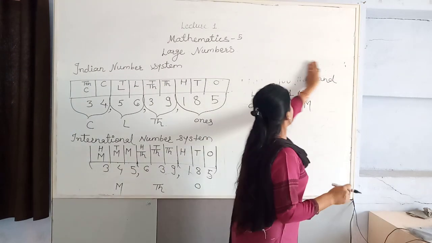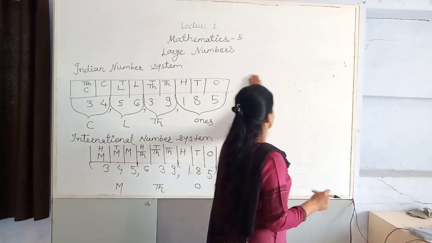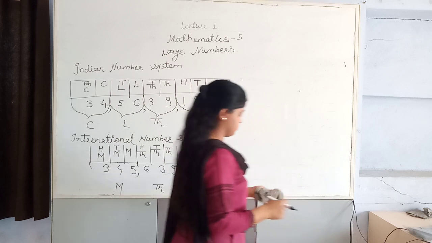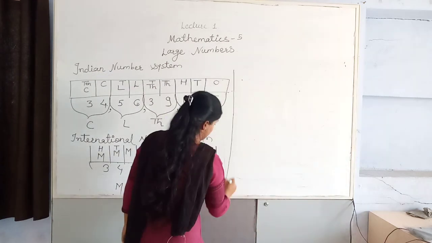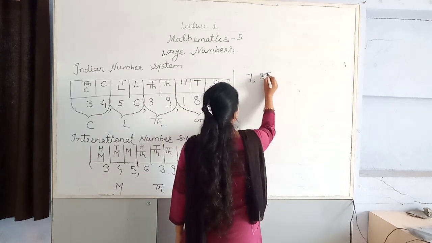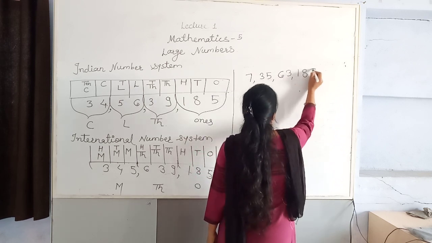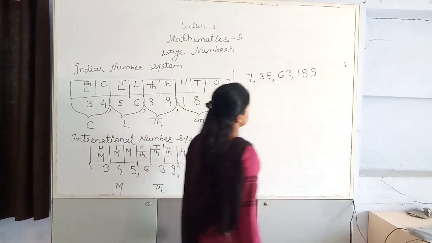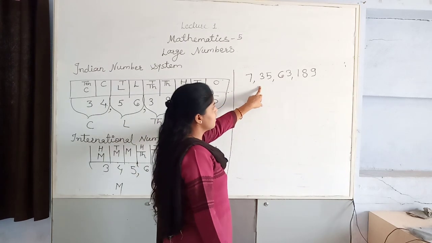Now I will teach you how to write the expanded form of a given number. So I will write here one number and let us see its expanded form. Suppose 7 crore 35 lakh 63,189. This is the number I have written here, and I have written the number in the Indian system.